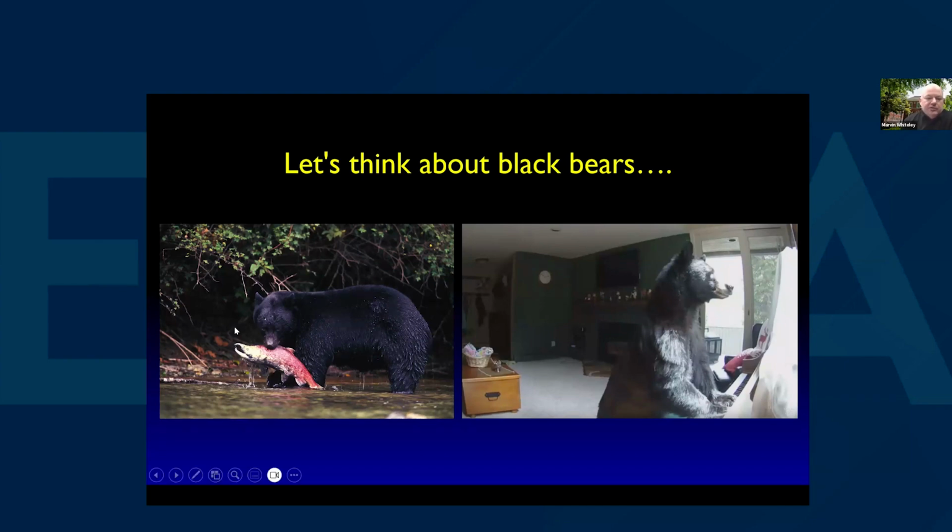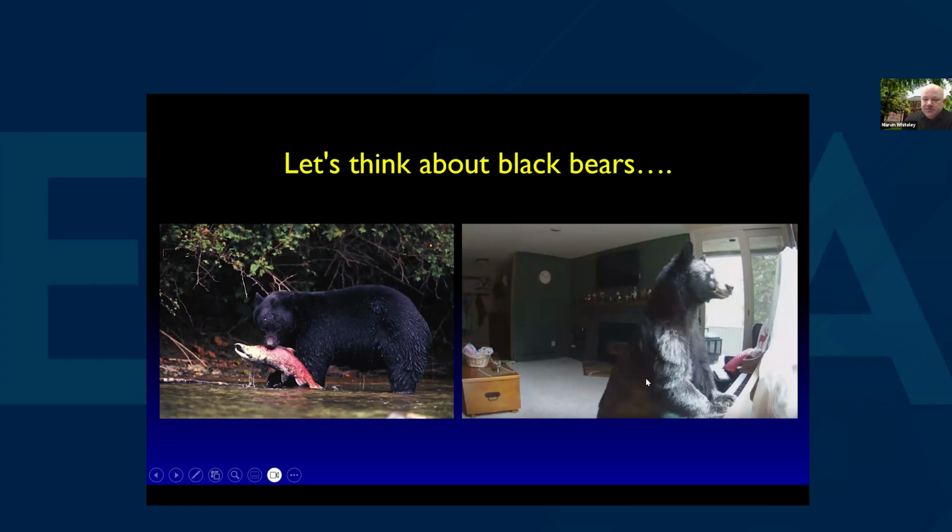Now, all of you know that this one here on the left, this is real data, right? You trust that this is real data because of what you know about black bears. But this data on the right here is just as real. This is an image that someone took of a black bear that just happened to be in someone's house. Now, if you didn't know anything about black bears and you got this image on the right-hand side, and this was the data that you were given, you might think that black bears lived in houses and they walked on 2 feet and they played the piano, right?